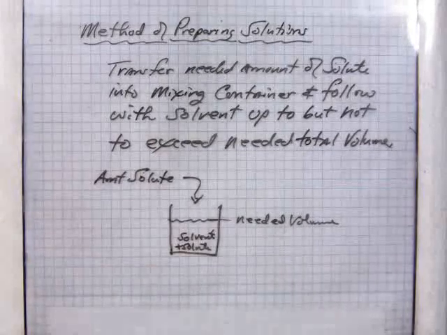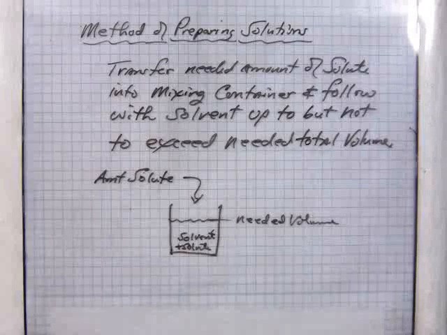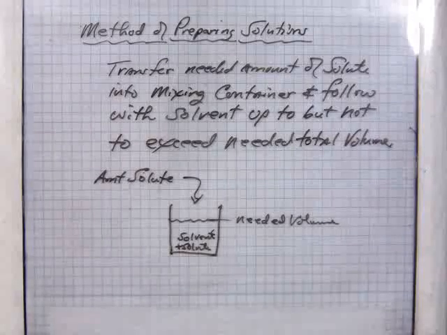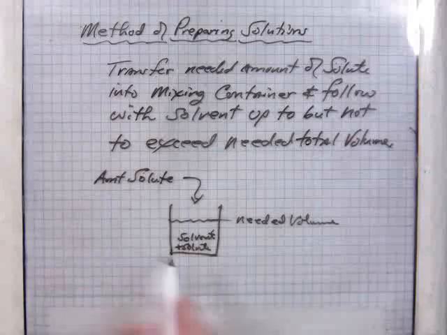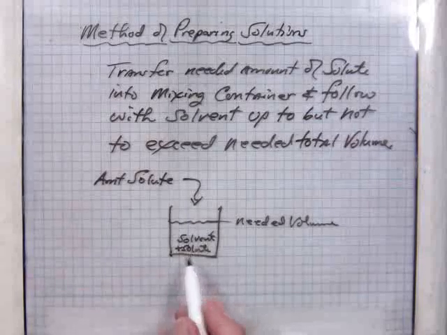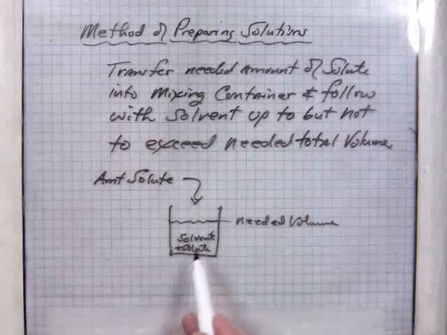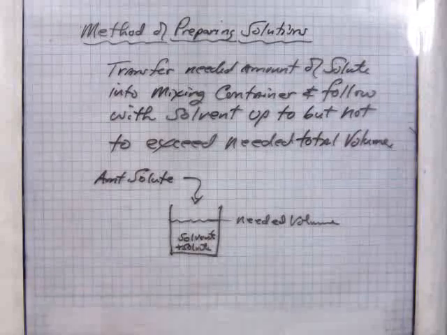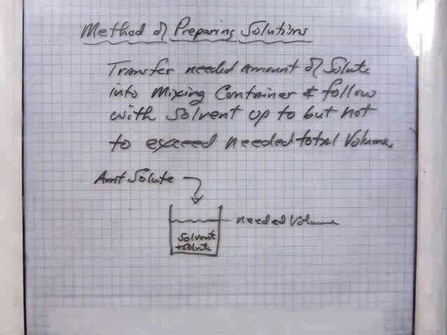If you're making a 100 milliliter solution, you put 2 grams in the container and add 100 milliliters, your final solution is too dilute. But if you put 2 grams into your container and add solvent, say water, whatever, up to and stop at 100, that's making the solution, is what I'm trying to get to. So it's a procedural thing, but it's very important in the accuracy of preparing solutions.